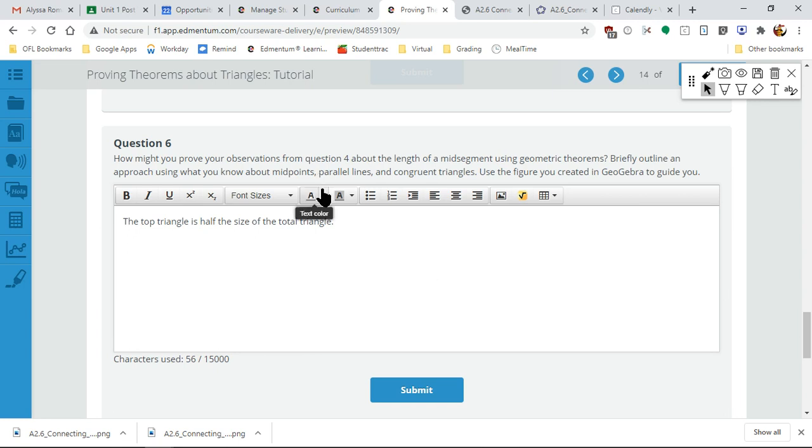And it says we have to involve parallel lines, midpoint, and congruent triangles. So what I would say is since BE is parallel to AC, which we already stated, and that takes care of our congruent part, the angles should be congruent.